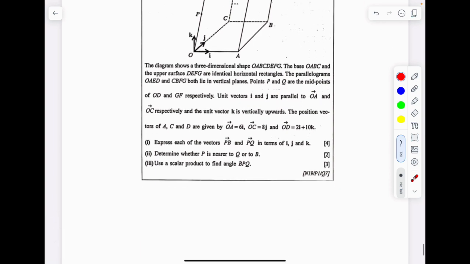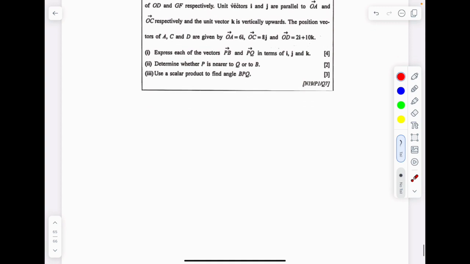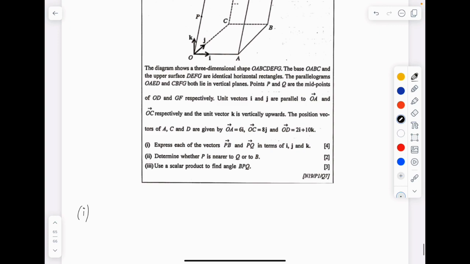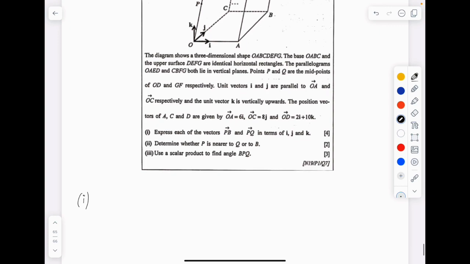Right, so a lot of information. So what we need to do firstly is just get through the questions that guide us, because that's a good way to go about it. So express each of the vectors PB and PQ in terms of i, j, and k. Right. Well, let's think about this. For us to express this the way we want, we firstly have to find the base vectors.